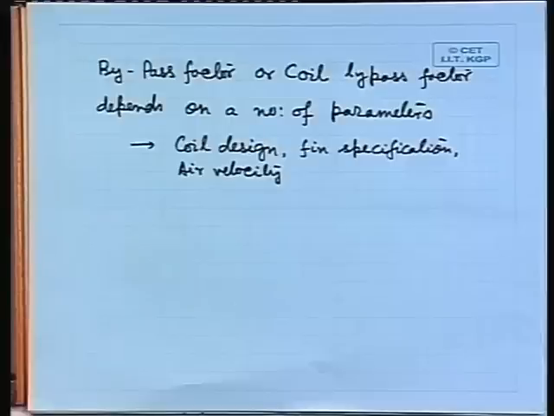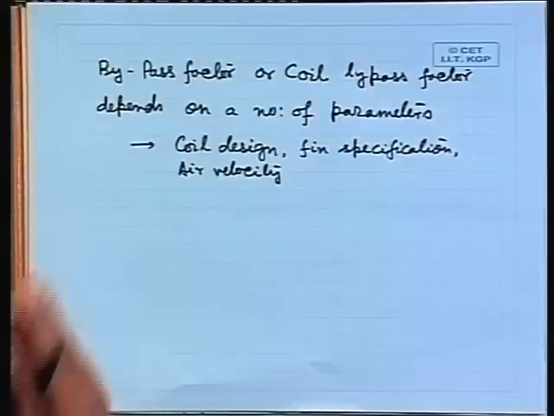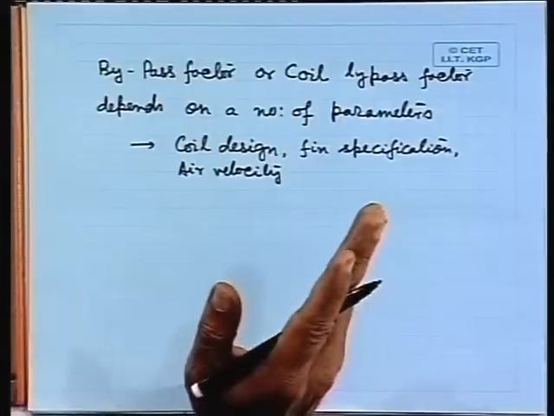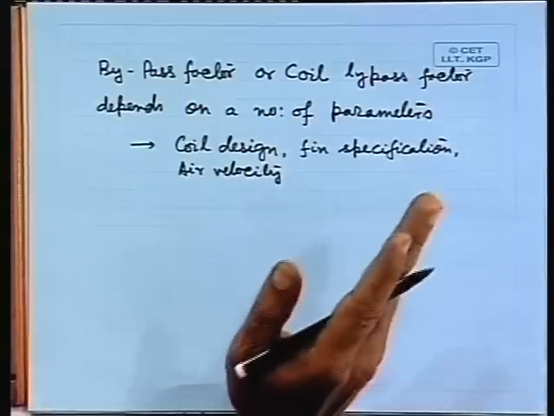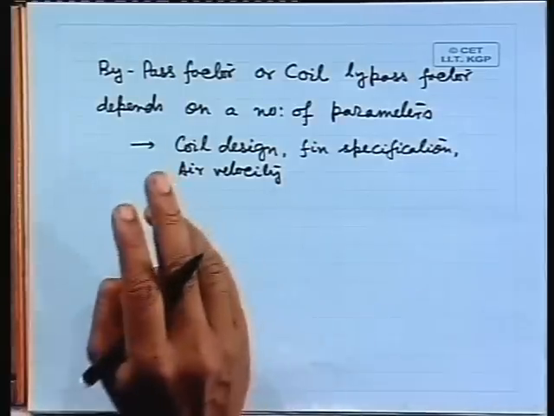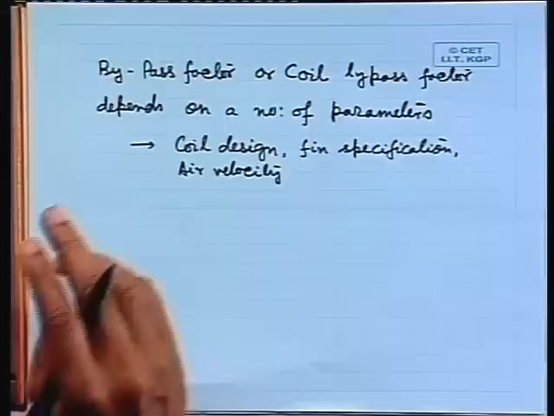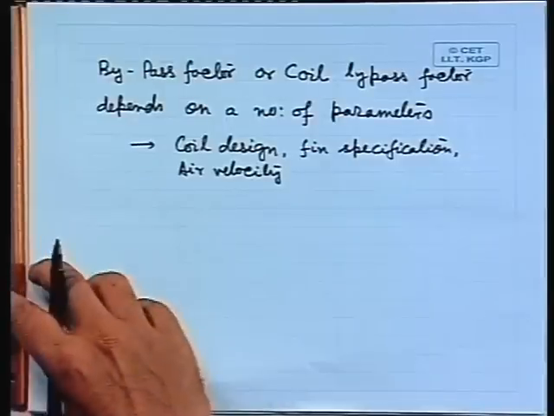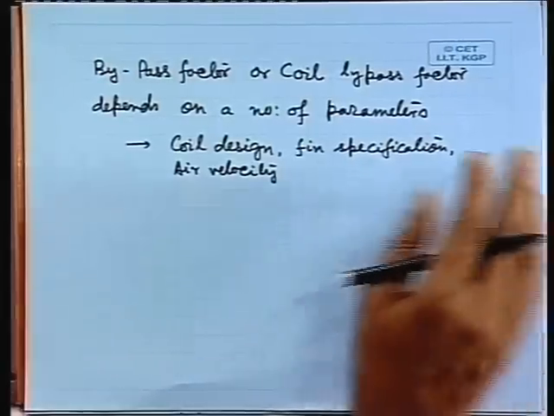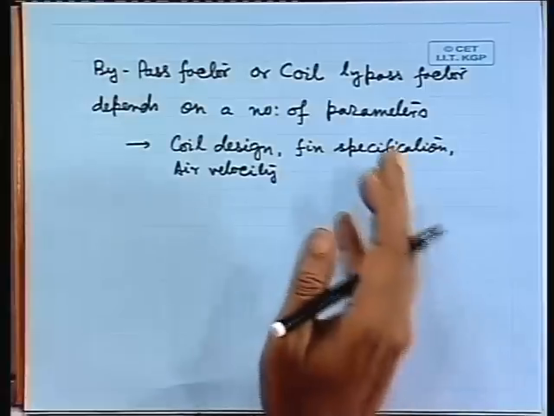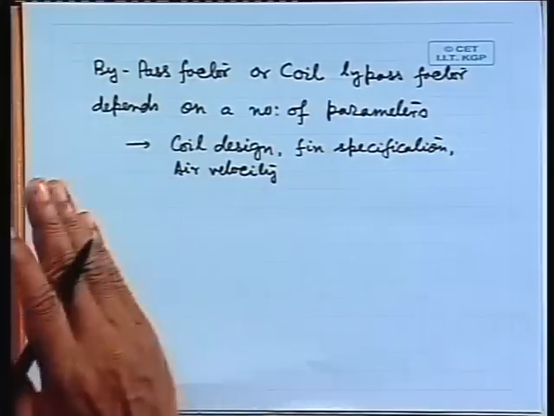Obviously, if you have a very compact coil, that means a large number of tube turns, a large number of fins of highly conducting material, and high air velocity, you will have a low bypass factor. Whereas, if air velocity is low and the fin density is not high, then one can expect a high bypass factor.